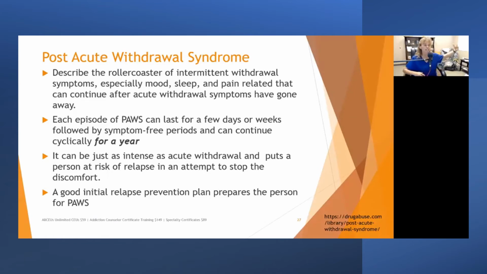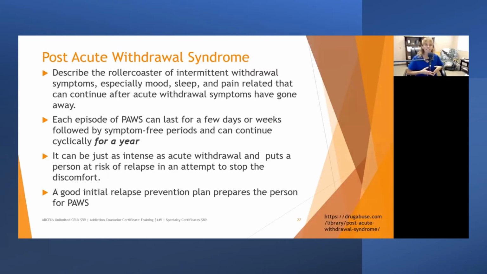So those feelings they felt those first 3 days of detox, 6 months down the road, they may wake up one morning and they're starting to feel those same feelings again with their mood, their insomnia, increased pain, all that kind of stuff. A good initial relapse prevention plan prepares the person for post-acute withdrawal.